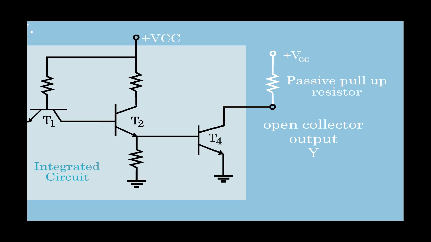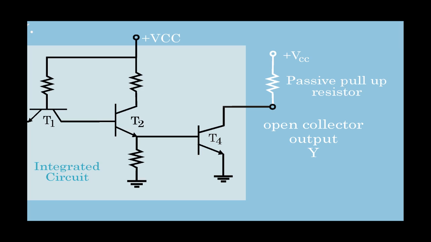If the transistor T3, the upper transistor, is removed, and only the collector of transistor T4 is taken for the output, then such an output is called an open collector output. Why? Because you can see the collector of transistor T4 is taken at the output and the upper circuit is removed. So nothing is connected to the collector. That collector is open, and that is why it is called open collector.